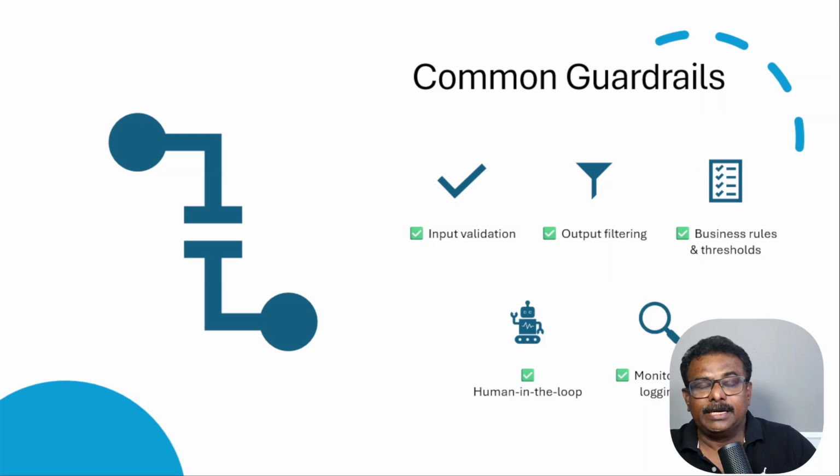There are also cases where we need to include a human in the loop for approval, review, and decisions. And we also need to do monitoring and logging of the events which have happened.